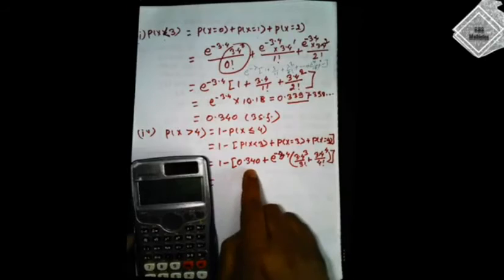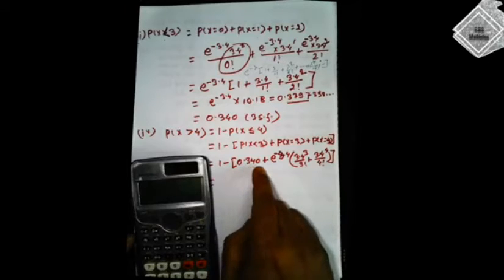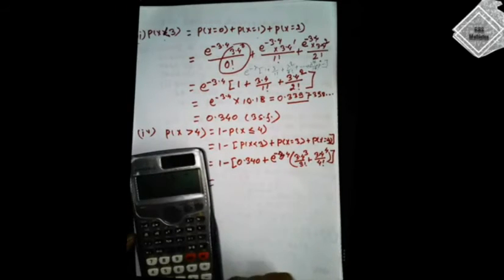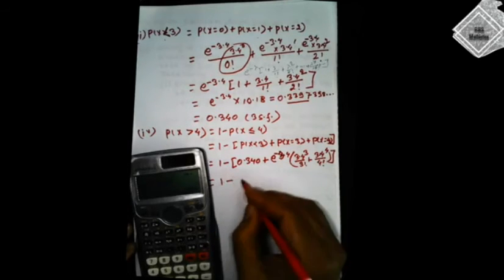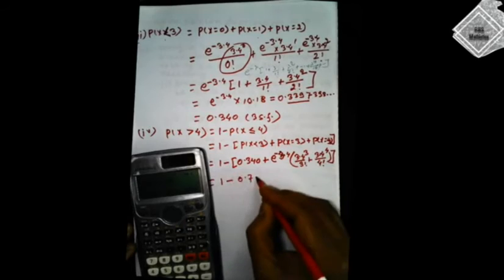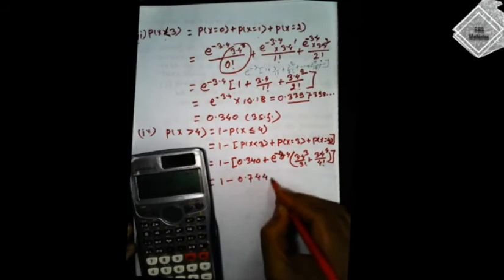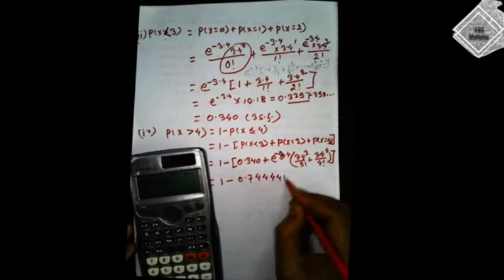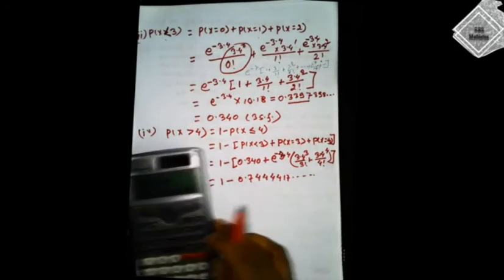and then our answer is this. Finally, if you add 0.340, so you write here plus 0.340, then our value is 1 minus 0.7441 and something like that.